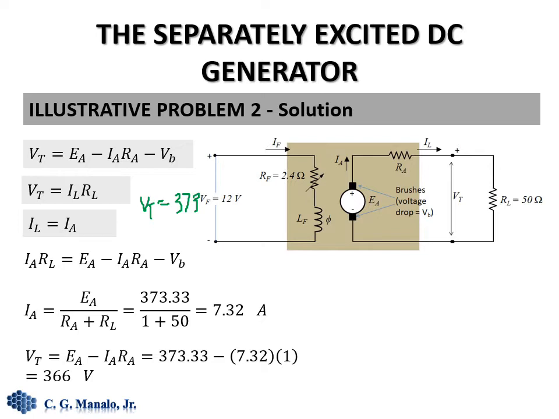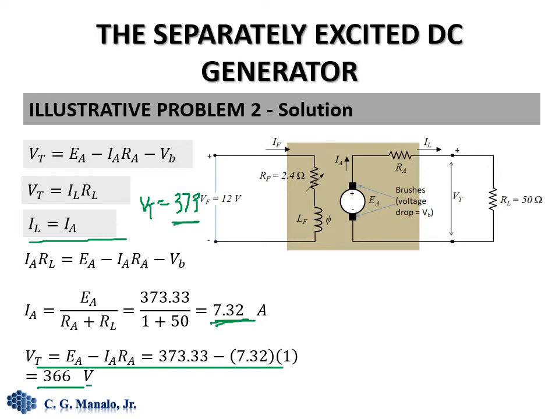Now that it has a load, we would expect a voltage lower than 373. We simply use the trivial equations for the armature circuit. Doing that will give us an armature current of this much, and from this we could compute our terminal voltage, which we obtained to be 366.